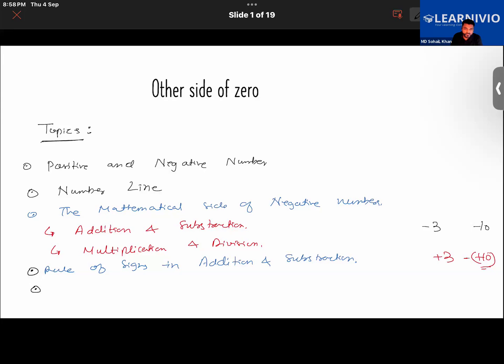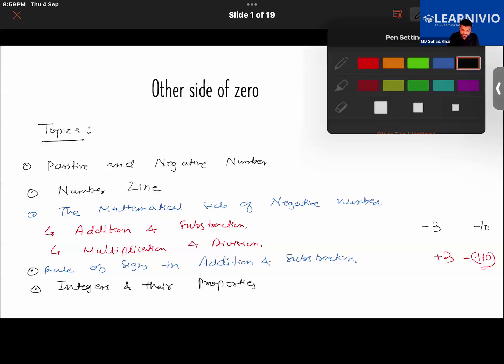Then we'll be learning about the properties of integers particularly. You have an introduction of integers in this. For those of you who are having the chapter Integers, now we'll be combining this in the lesson. We'll be learning about integers and their properties in detail.